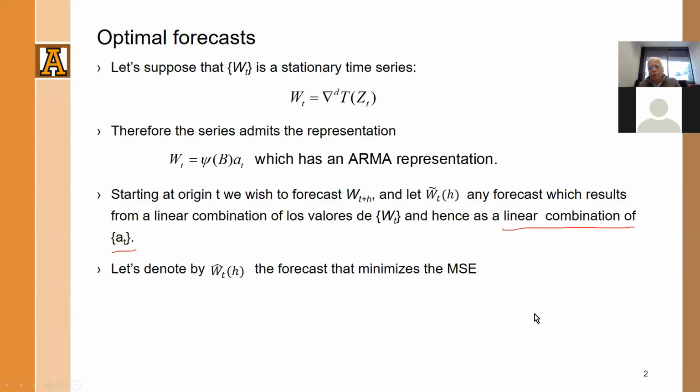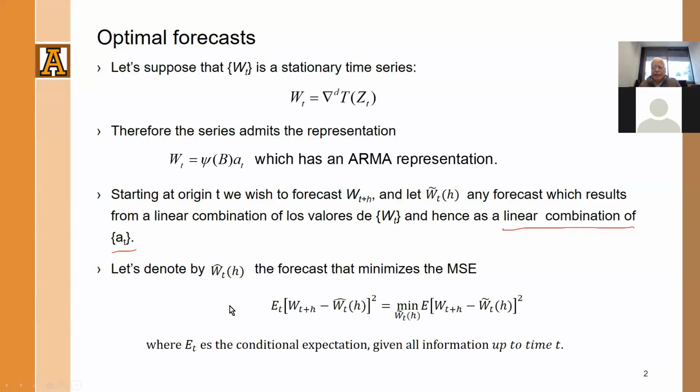Remember, we're working with WT as a continuous type variable, so if we're going to forecast that, the criterion would be to minimize the mean square error.